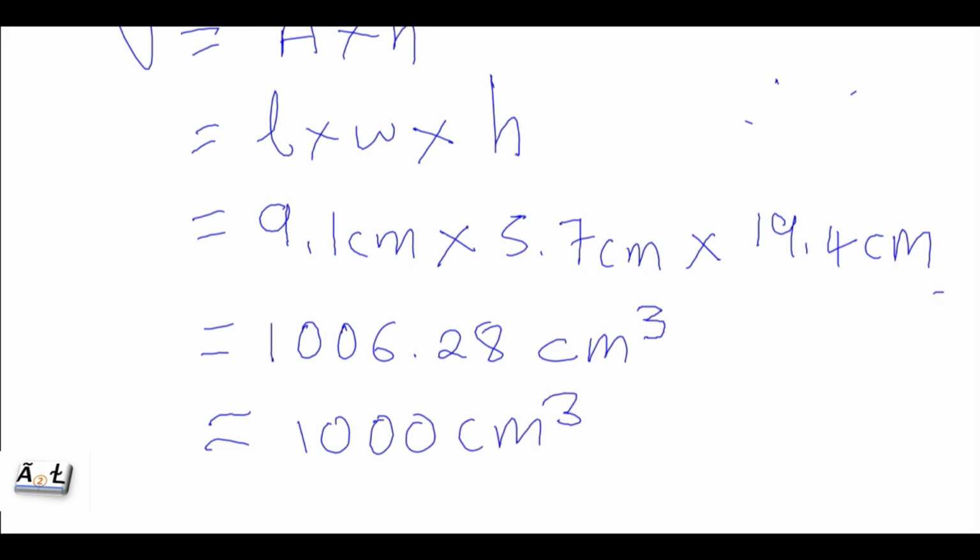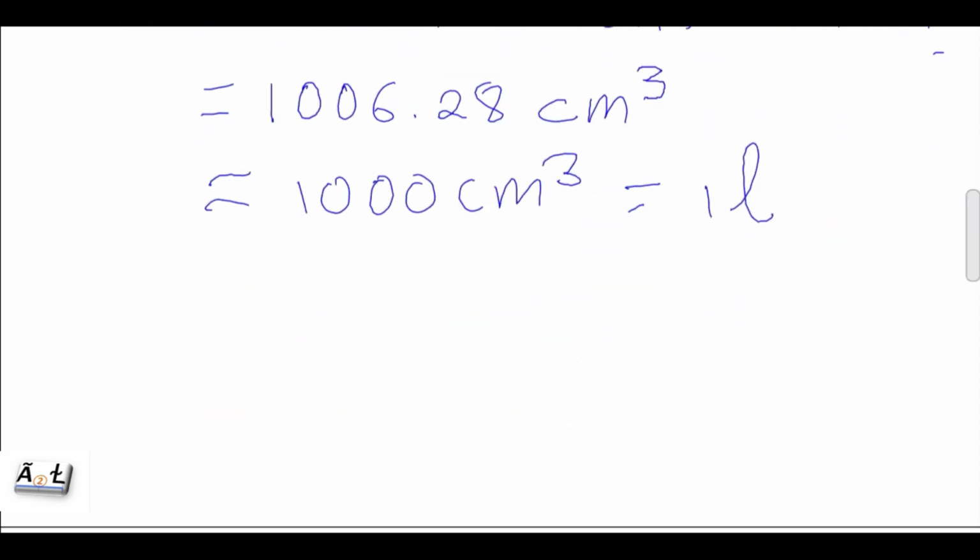So that is the volume of our carton, and we know that this carton is equal to 1 liter. So this helped me always remember that 1000 centimeter cubed is equivalent to 1 liter of liquid: 1 liter of water, 1 liter of juice, 1 liter of milk. It sort of helped me to always remember that this is basically a cube. This is almost a cube.